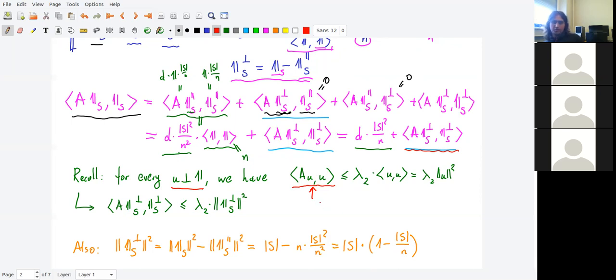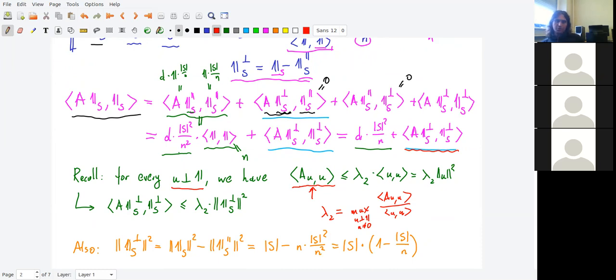If you remember from the last lecture, we know that lambda 2 is equal to the maximum over all non-zero vectors U perpendicular to all ones of AU cross product U over U cross product U. So this is how much applying A can prolong U in the direction of U, in some sense.